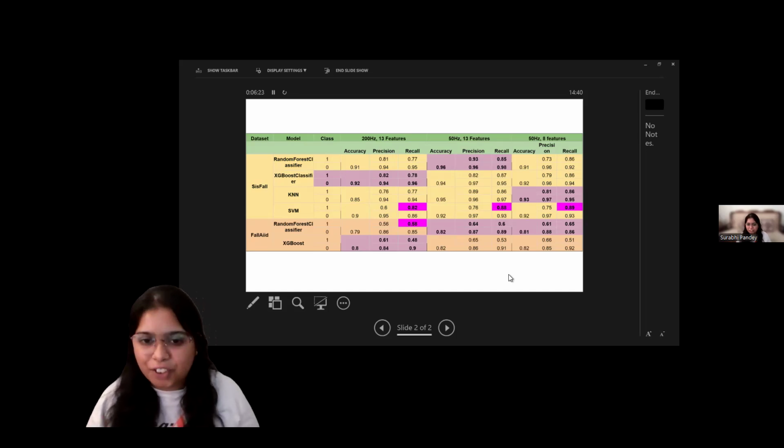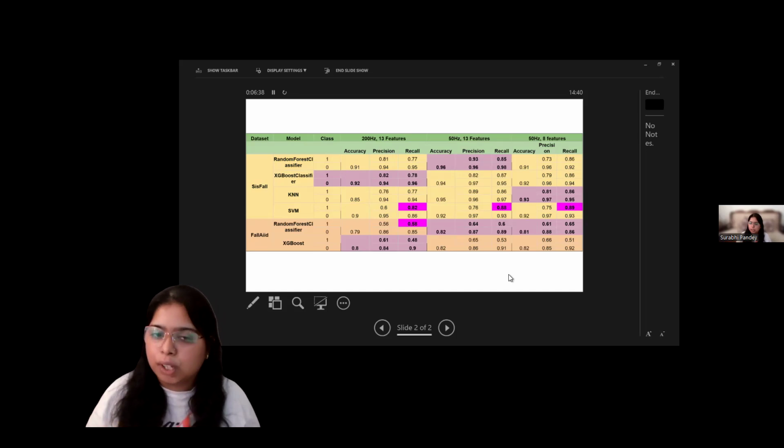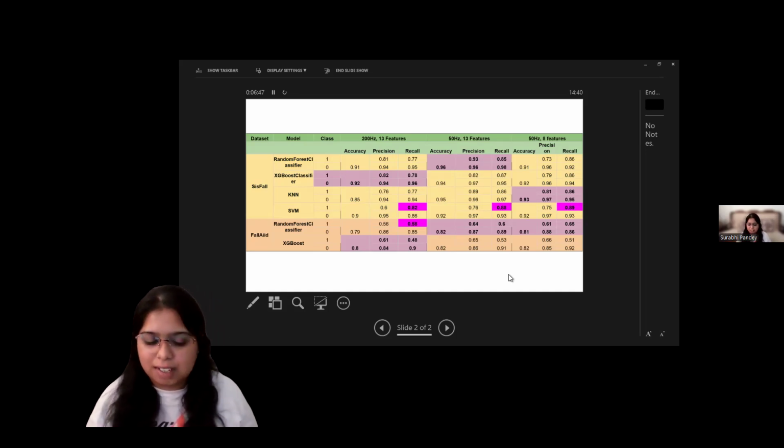So if a person is falling, we will detect that a person is falling and not that the person is actually standing or doing an ADL. So the missed chances of detecting a fall would be the least. So this is what I worked on.